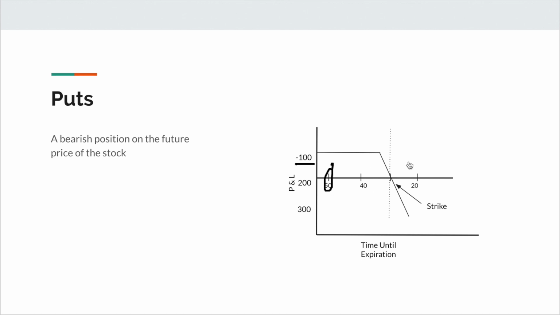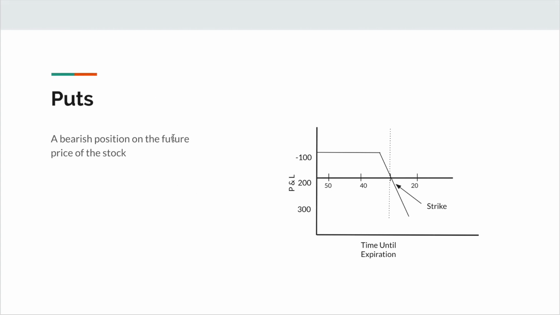That means you're assuming that in 3 months, let's say this is 3 months from now, the stock will reach $30. By the time that expiration point comes, if the stock achieves that strike price of $30, your options contract will go up. So as a put buyer, you want the price of the stock to go down because you have a bearish outlook on the future of this stock.